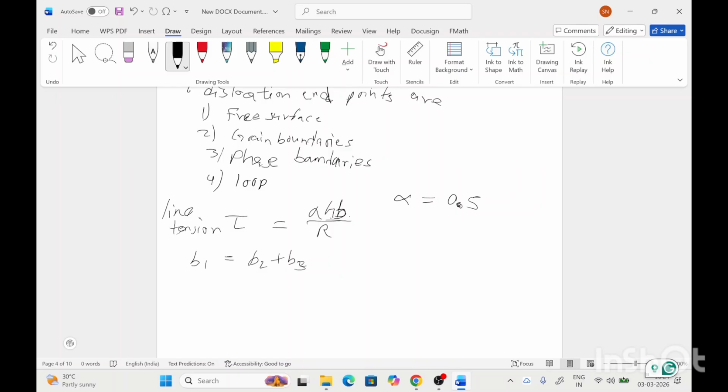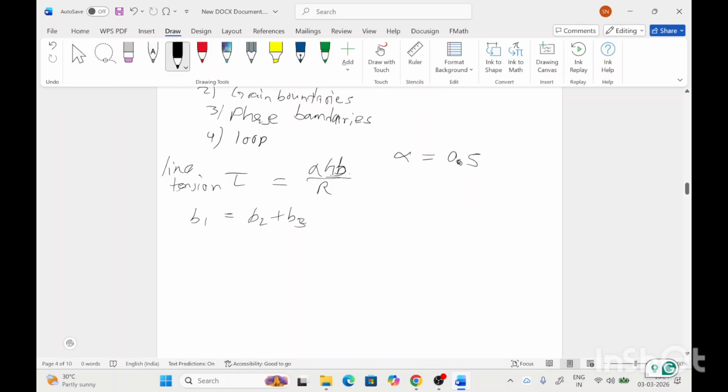The dissociation happens only if the energy of the dislocation is reduced by dissociation. So if we calculate the energy, alpha GB1 square should be greater than alpha GB2 square plus alpha GB3 square.